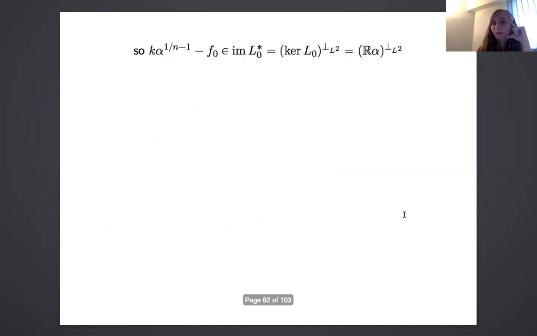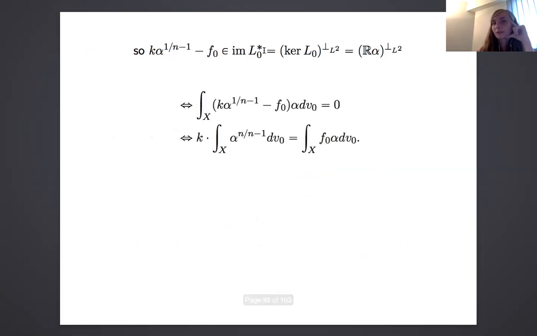But now the image of L0 star is the L2 orthogonal of the kernel of L0, which was generated by alpha. So this quantity will be in the image precisely when, integrated against alpha, it gives 0. And this also rewrites in this manner. So this determines precisely the constant k, by remarking that this is strictly positive, so we are allowed to divide.